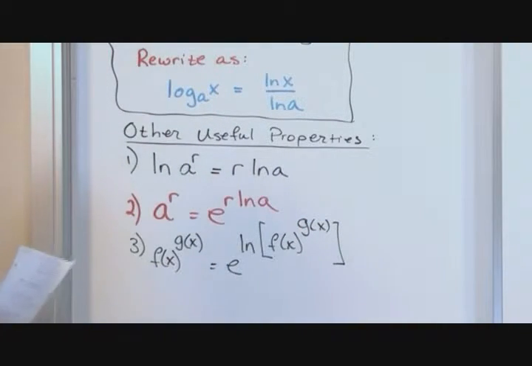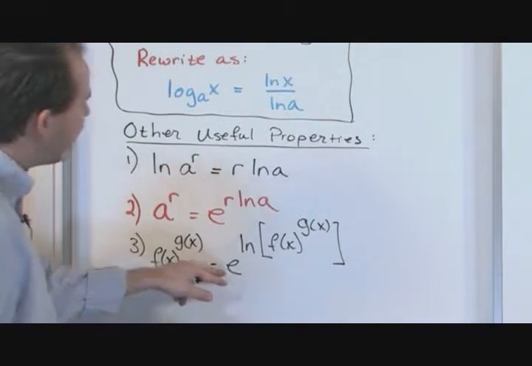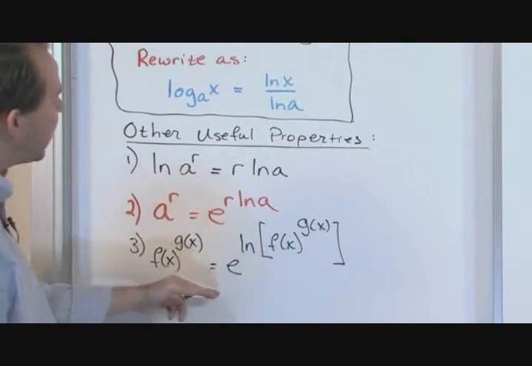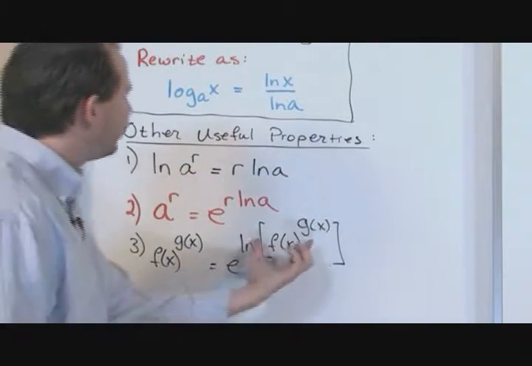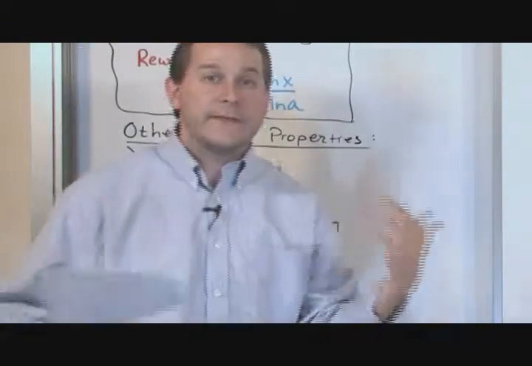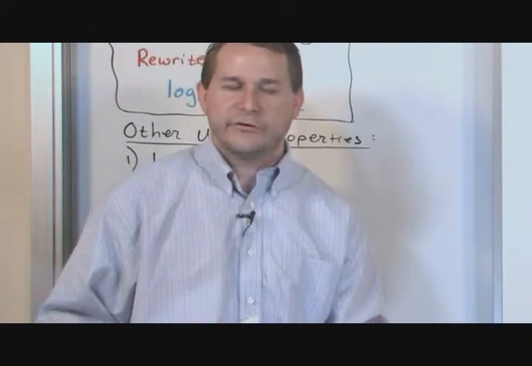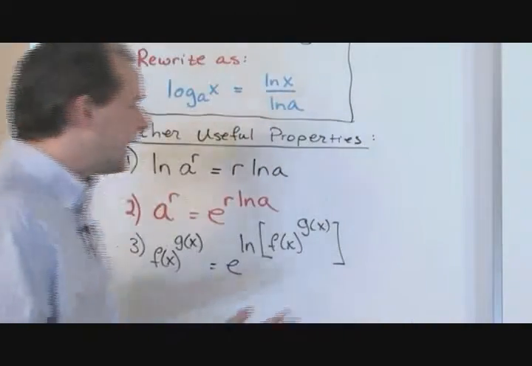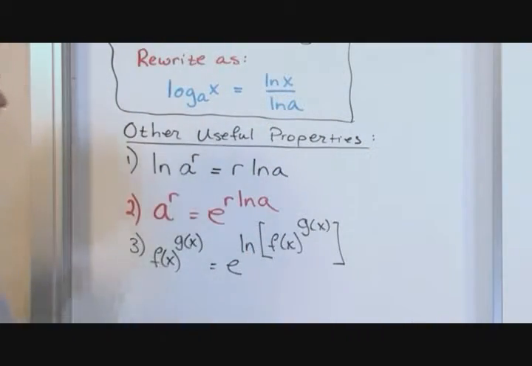This should not surprise you because when you take an e and raise it to the power of a natural log of something, the e and the natural log kind of annihilate each other, and what you're left with is everything that's up here, which is what I have over here. It's nothing more than that. They're inverses of one another. So e raised to the power of natural log is going to basically fall out, and what you're going to be left with is what's in the top.